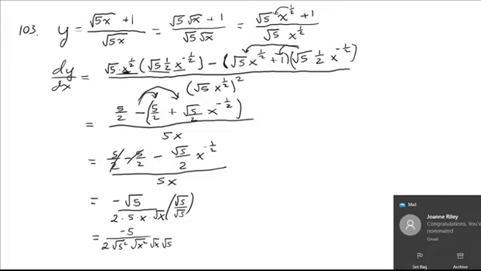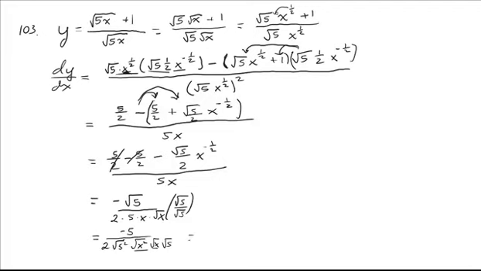And now, because these things have the same base, so for instance, when I multiply square root of x squared times square root of x, those exponents on the x add. So same thing with the 5. So I'm going to get 2 times square root of 5 cubed, square root of x cubed. And because those are both under a radical, I can put them under the same radical.